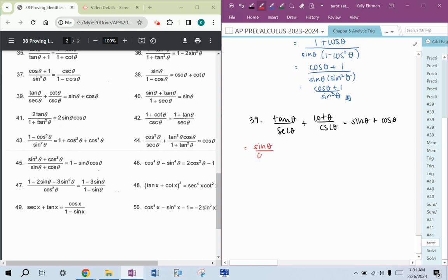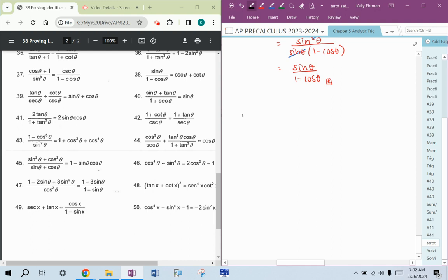So sine theta over cosine theta, instead of dividing by secant theta, I'm going to multiply by cosine theta over 1, which is the reciprocal of secant, plus cosine theta over sine theta. Instead of dividing by cosecant, multiply by its reciprocal, which is sine over 1. That's a short little proof because things cancel and you're left with sine theta plus cosine theta.